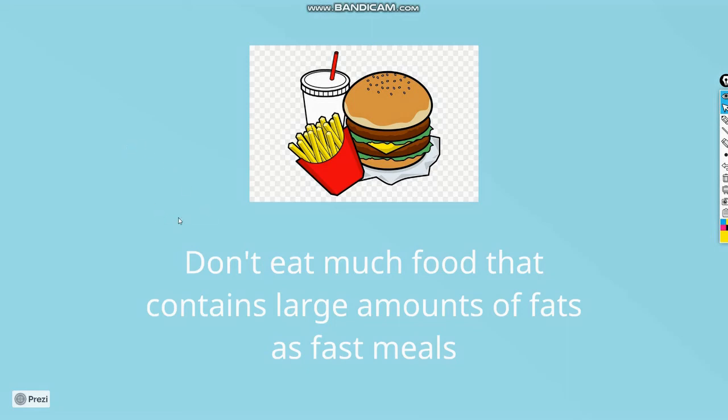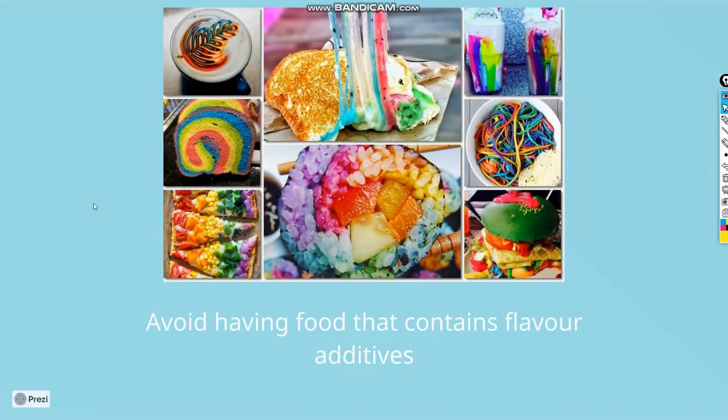So you're creating a problem inside your digestive system. So prevent it by not eating this food. Avoid having food that contains flavor additives. Any colored food like you see in the picture, avoid eating it. Eat organic food without the extra color that has no meaning.